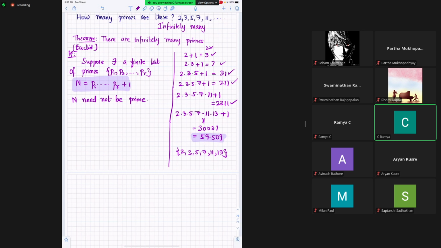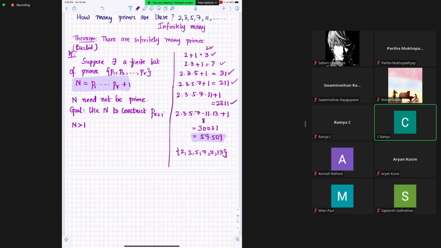But the goal is to use n to construct PR plus 1. So n, I know, is greater than 1, because P1 to PR are primes. There should be at least 2, and we are adding 1 to it, so it's greater than 1.